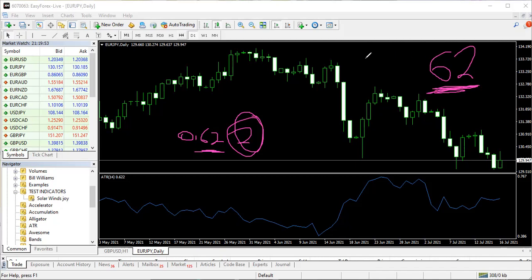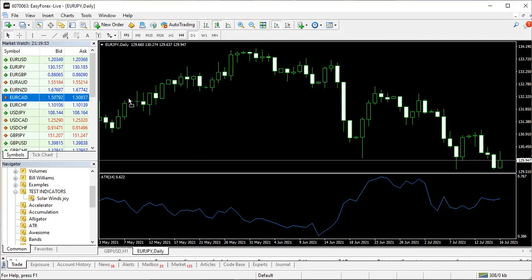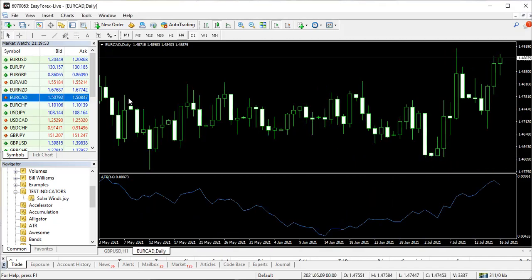If I pick another pair, for instance, maybe Euro CAD, on daily Euro CAD, the figure you see here right now is 0.00873.